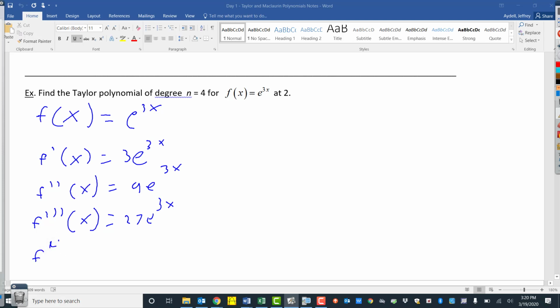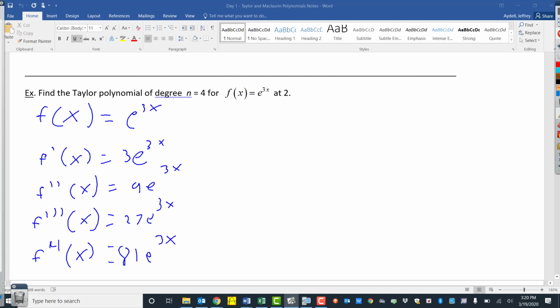I'm just going to put a 4 here so I don't have to write tally marks. And the fourth derivative would be 27 times 3. Y'all know my math skills aren't great, but we have 81e to the 3x. Okay? So these are our derivatives.